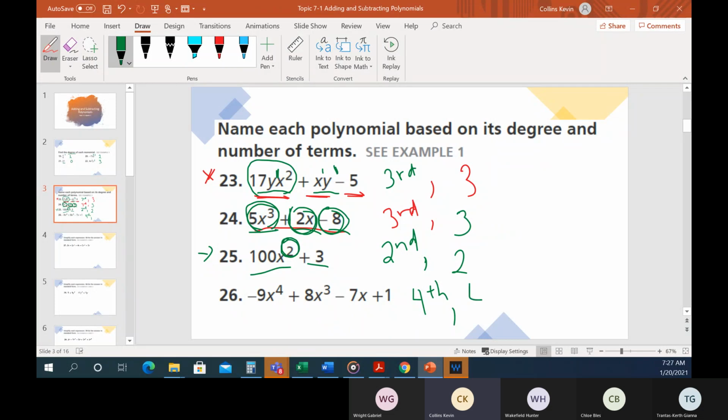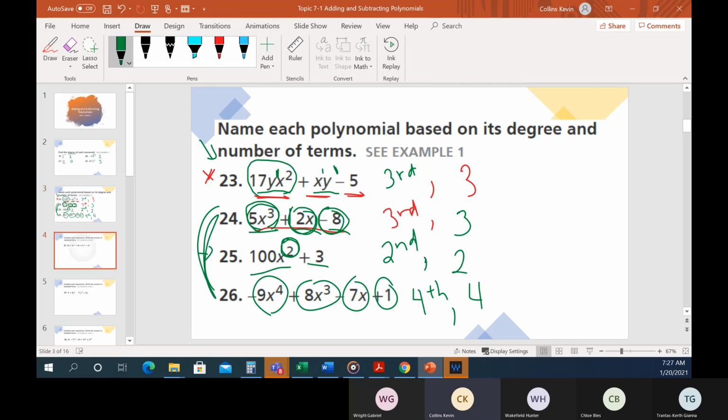Perfect. So we got 1, 2, 3, and 4. Excellent. All right, so degree is just the biggest exponent we can find. Like I said, normally you won't have this stuff, but if you have x's and y's, just add the exponents together on the biggest term. Other than that, they're mostly like this stuff right here. Okay, cool. All right, let's move on.